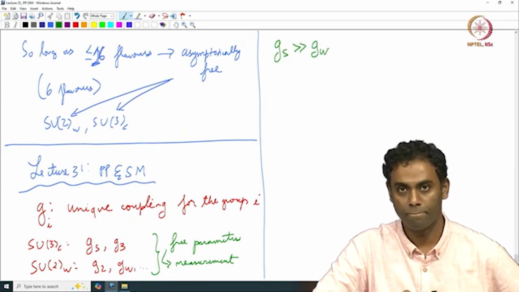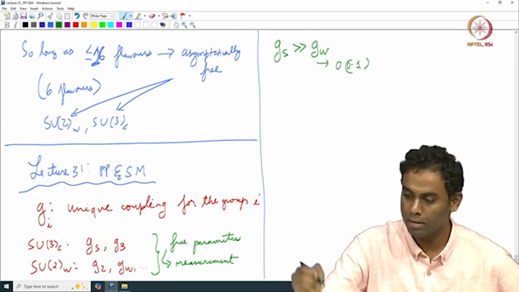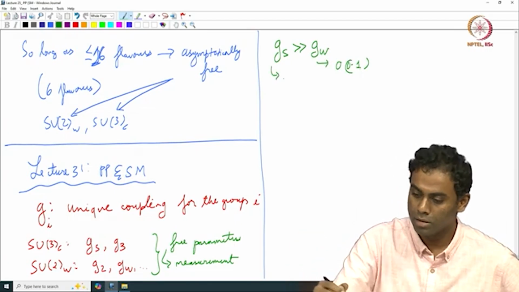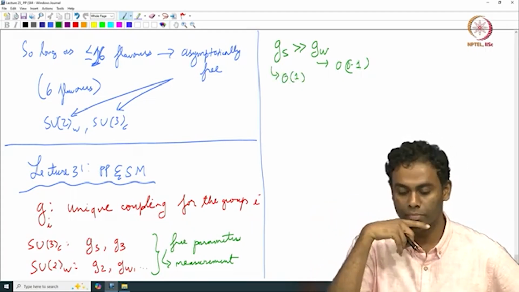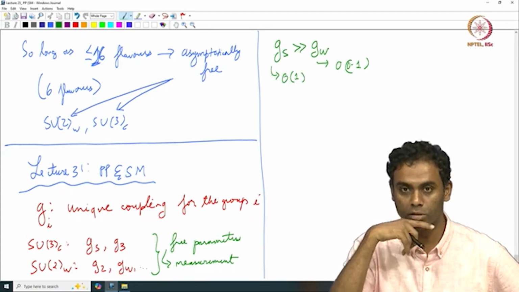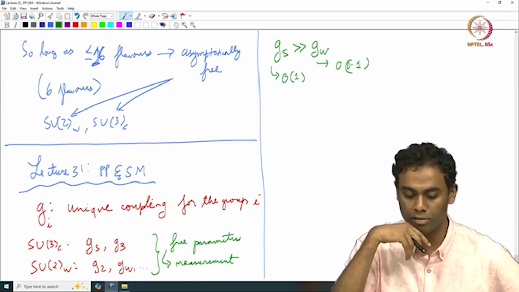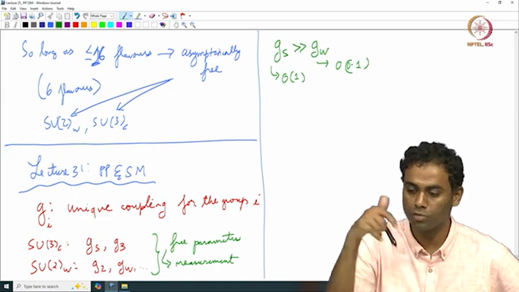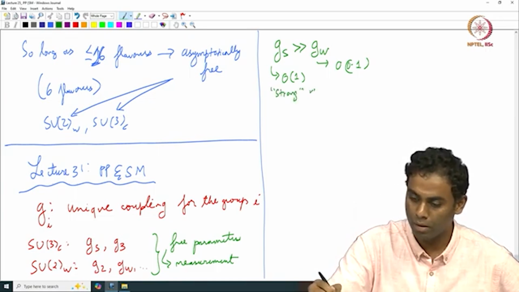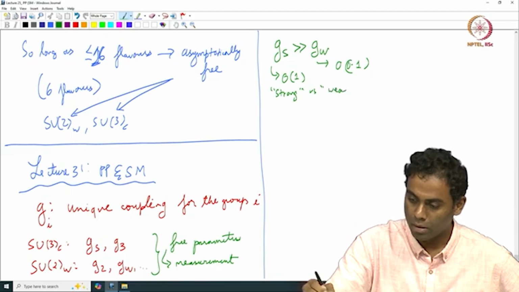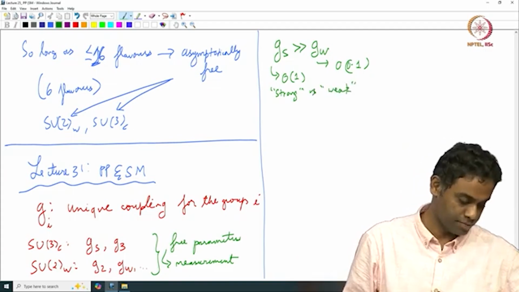That's all. This is around order 0.1 and this is order 1 basically. This is literally where we get these concepts. Whether there is asymptotic freedom or not, none of that matters for defining strong versus weak. Excellent.